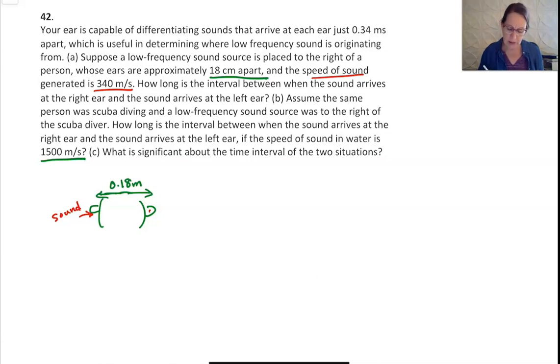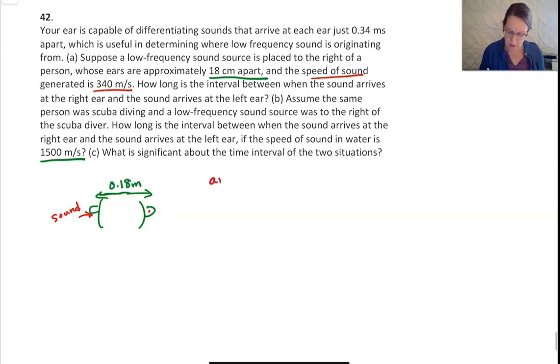This is to look at the difference in speed of sound in air versus in water. In air, the speed of sound is 340 meters a second, and it's asking us to calculate the time between signals if we have the signal, the alarm or whatever, at one ear, and then it has to travel through the air to the other ear.